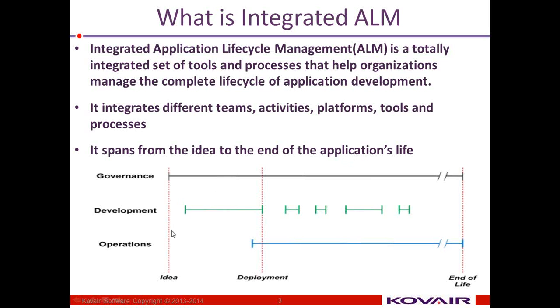So if we look at this diagram over here, the idea starts over here, and this is the initial stage where we are defining the requirements and doing all that. So the SDLC, this green part, is an SDLC cycle which is used to actually develop the product, or basically the work products that are going to be delivered. And then it goes into deployment, which starts the operation part of it.